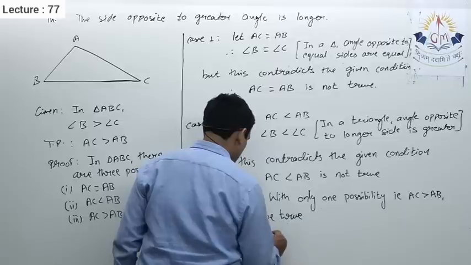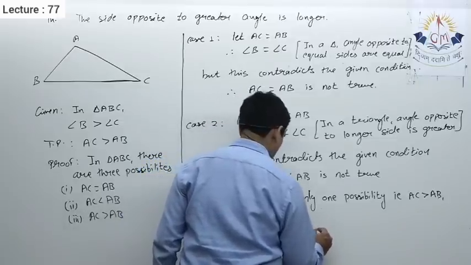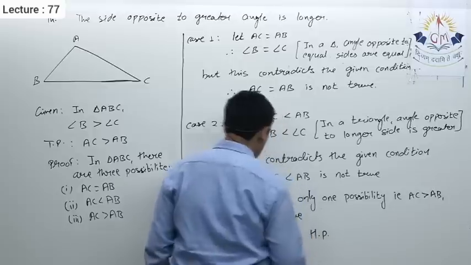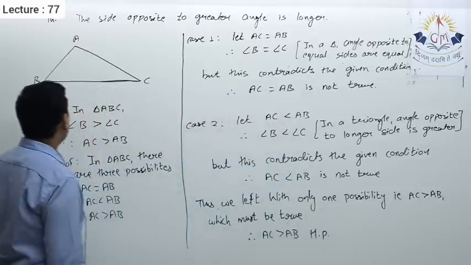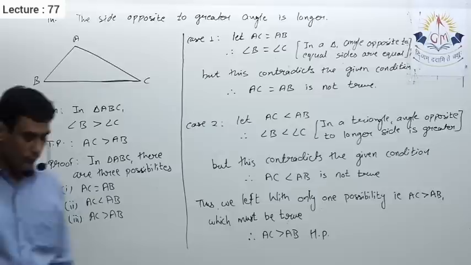Therefore AC is greater than AB, hence proved. So that is the proof of this theorem. Please note it down, then we'll see one more theorem and its proof.